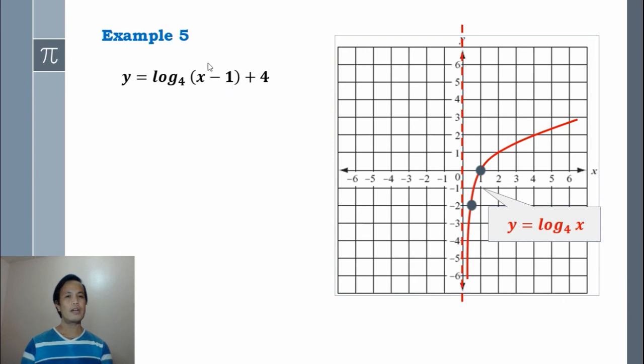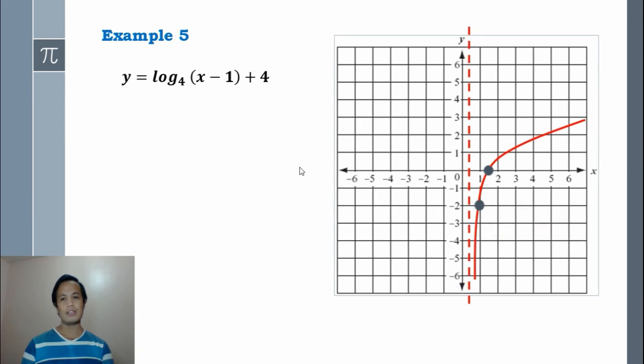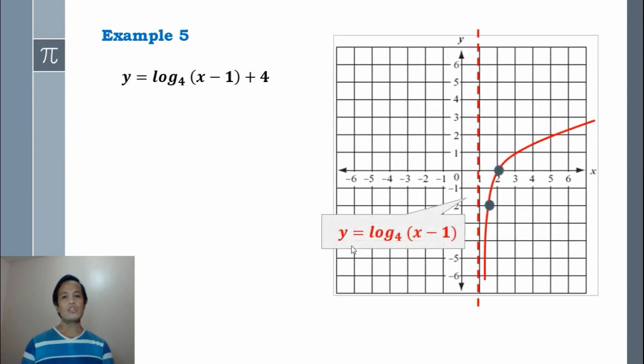Therefore, the graph will move 1 unit to the right. So the vertical asymptote becomes this line here, and this point will move to this point here, and also this point will move to this point here. So the new graph will look like this: y equals log of x minus 1 base 4 with the horizontal translation of minus 1.